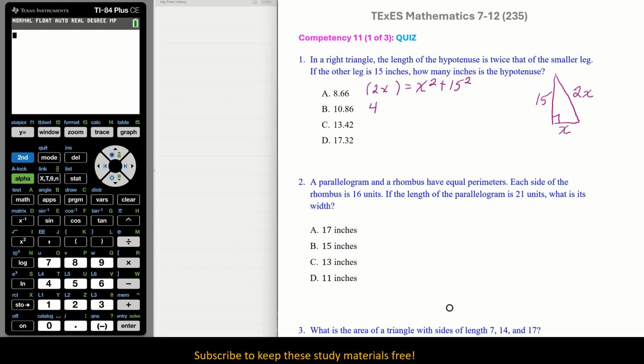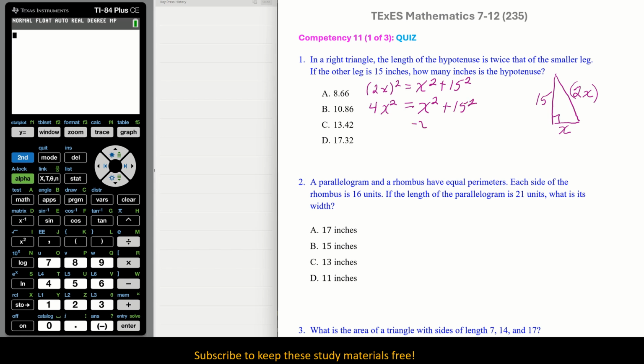That is not exactly the way to do that. We need parentheses and then squared. We're squaring the entire thing, 2 times x. So that makes 2 squared, which is 4, and then an x squared, and that equals x squared plus 15 squared.